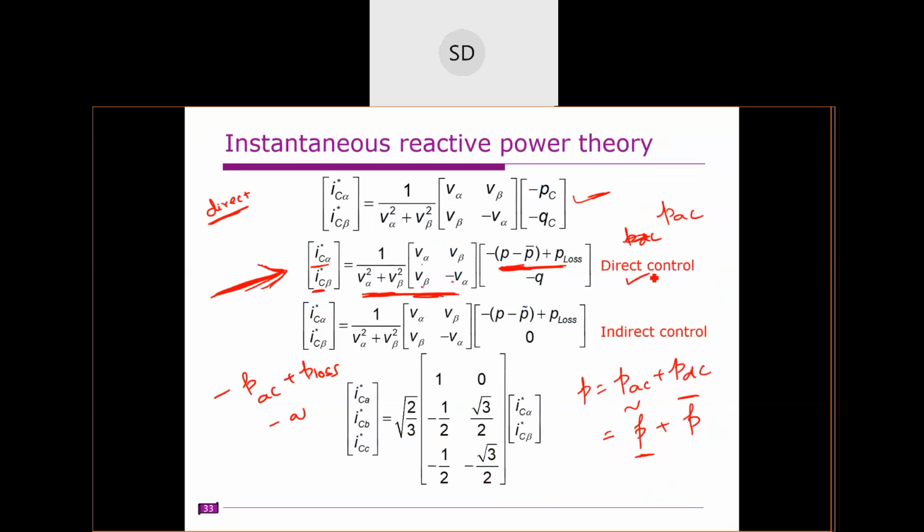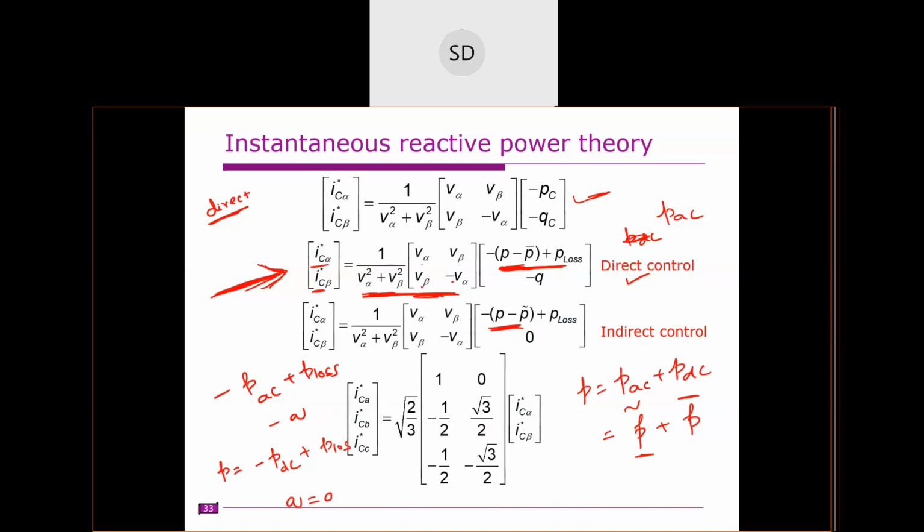For indirect control, which power do we need to eliminate? Q will be 0, and for P we need to eliminate minus P_DC plus P_loss. So this is for indirect control.